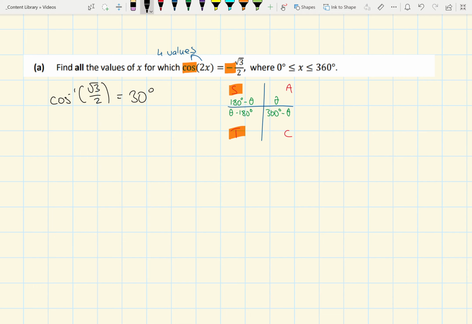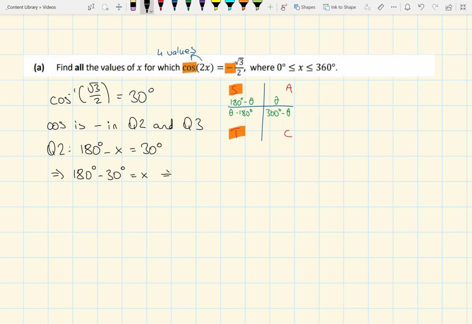Okay, so cos is negative in Q2 and Q3. So for Q2 we get 180 minus, last time we called it theta, we'll call it x this time, is equal to 30. 180 minus 30 is equal to x.